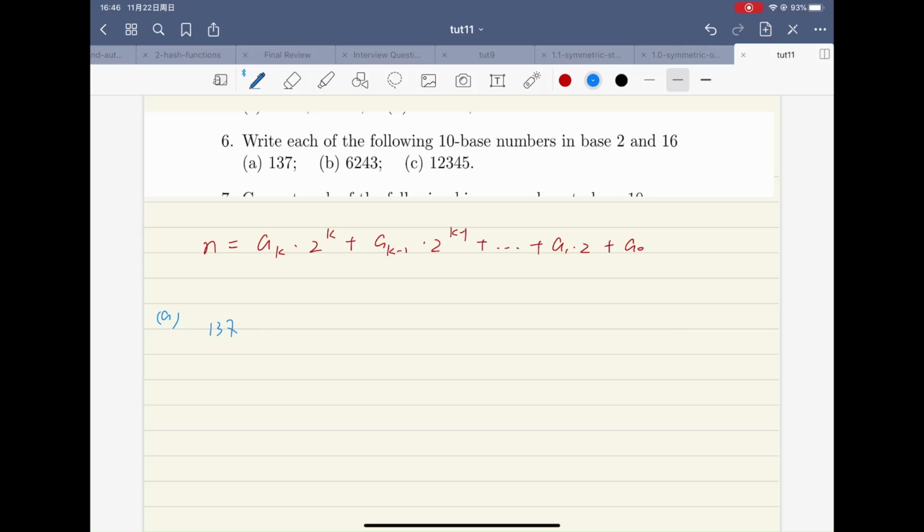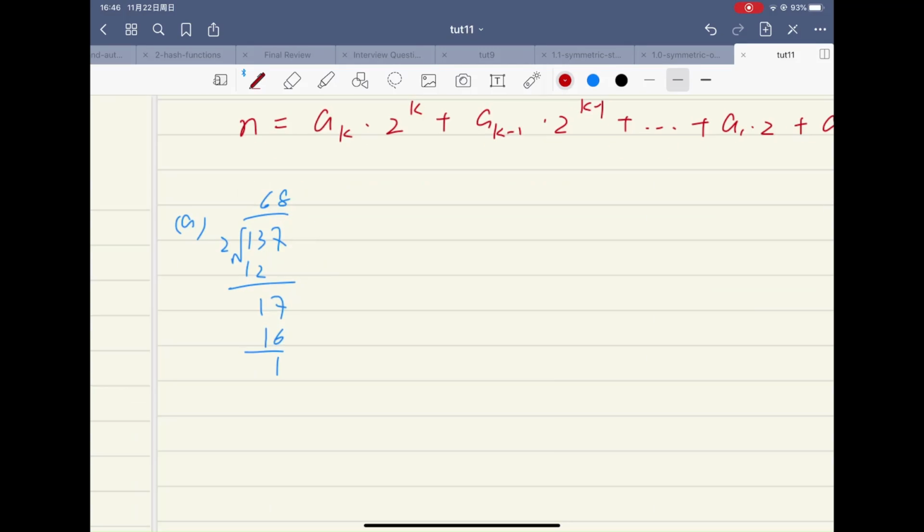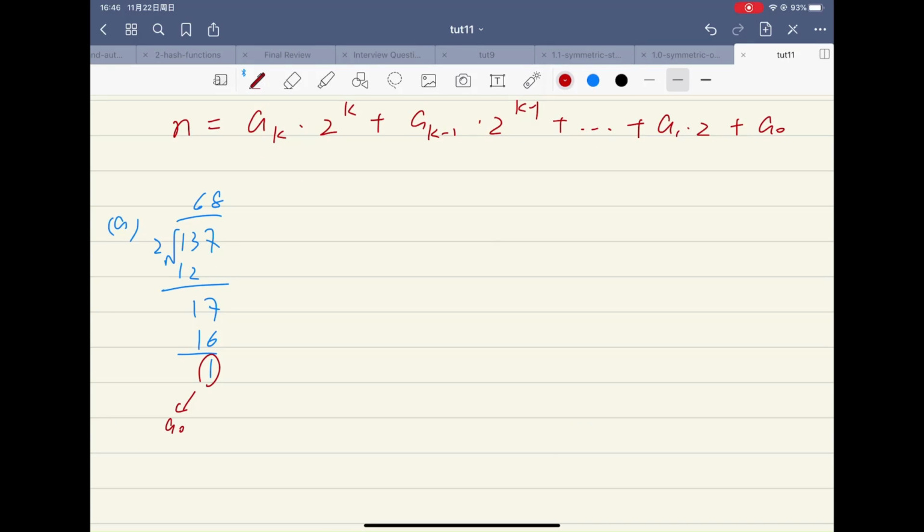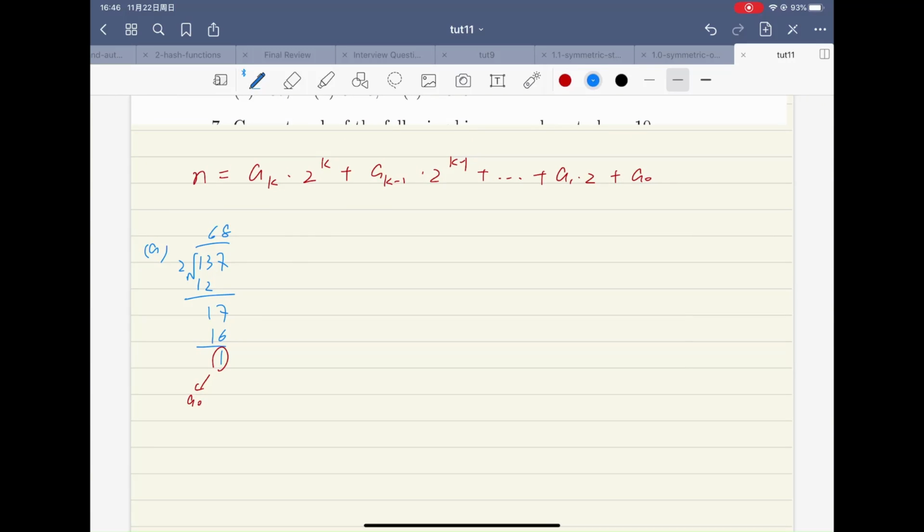So we have 137 divided by 2. We have 68, remainder 1. Sorry, this is the a0. And 68 divided by 2, we have 34, remainder 0. That's the a1. And we have 34 divided by 2, 17, remainder 0.